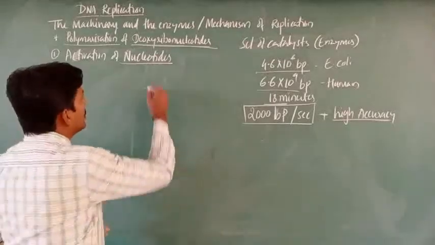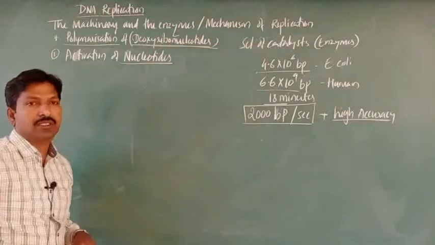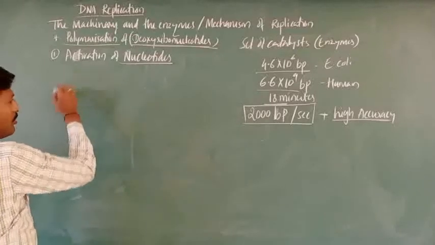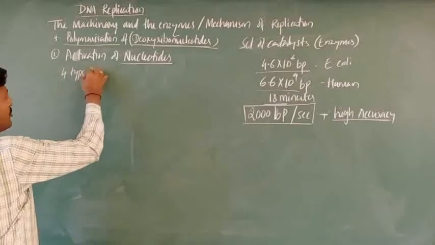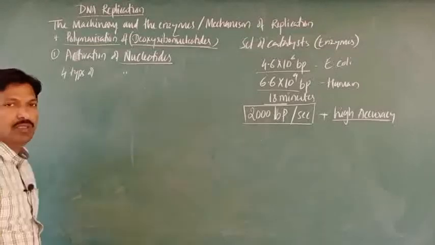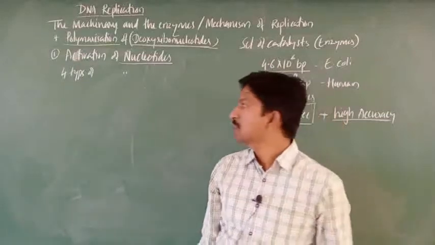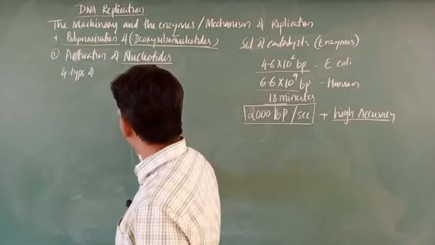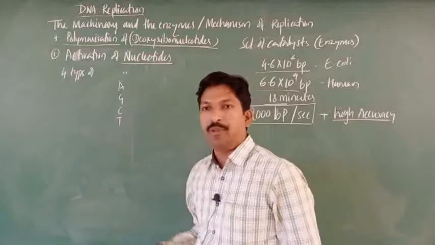See, there are 4 types of nucleotides, based on the types of nitrogen bases. There are 4 nitrogen bases, as you know: adenine, guanine, cytosine, thymine. 2 are purines and 2 are pyrimidines, right?